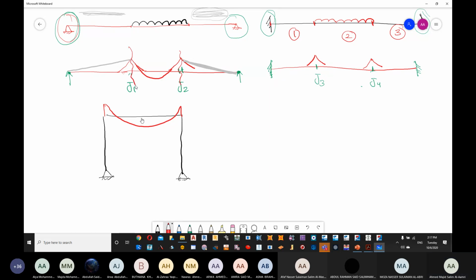Are we okay? That is for the middle span. What about the other span? The other span goes to zero. It starts from zero at the support, and then it goes straight until we reach a value of bending moment. Are we fine?